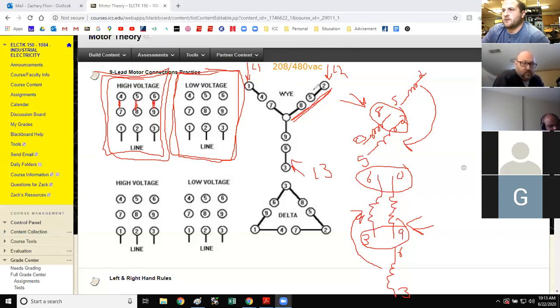So think about it this way too, and I'll show you on the drawing. If I'm going to parallel all these windings, 2 would go to 8, right? Yep. 1 would go to 7. 3 would go to 9. And then 4, 5, and 6 would all tie together.